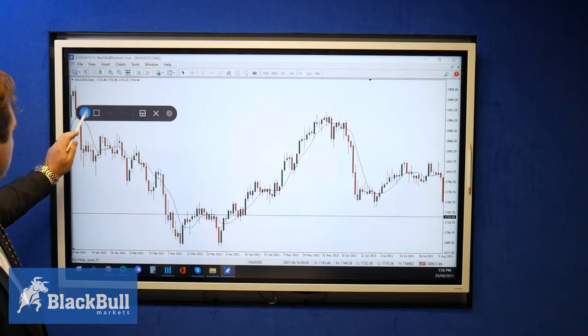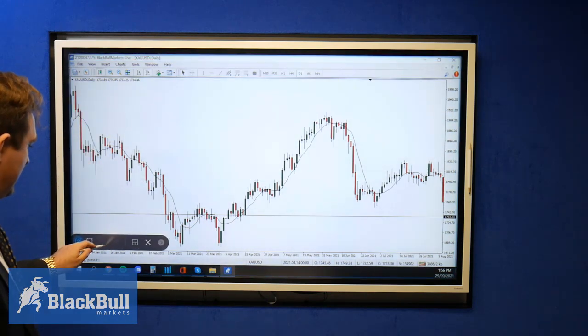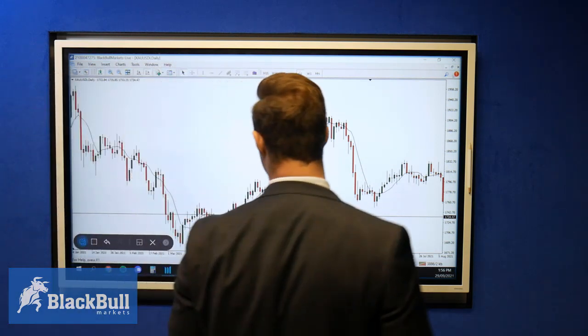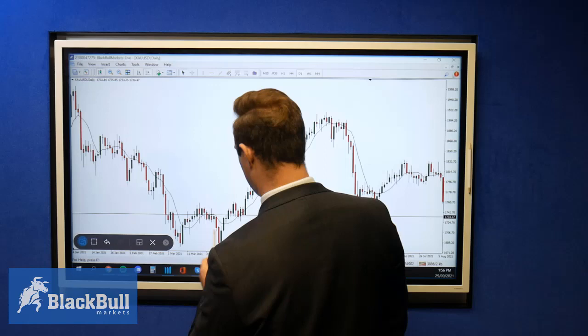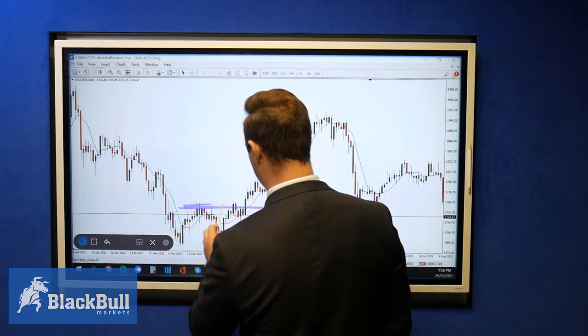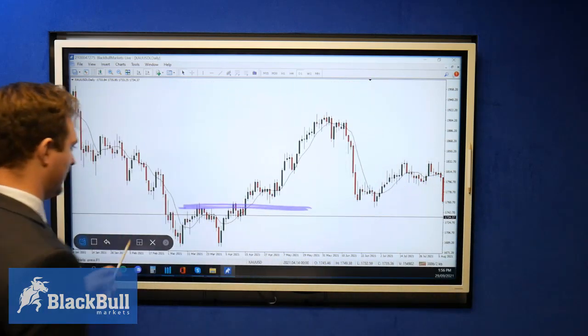Let me pull this down out of the way so we can see our support and resistance zones. Okay, let's draw up our support and resistance. We have a zone roughly right about here. We have another one up over here.